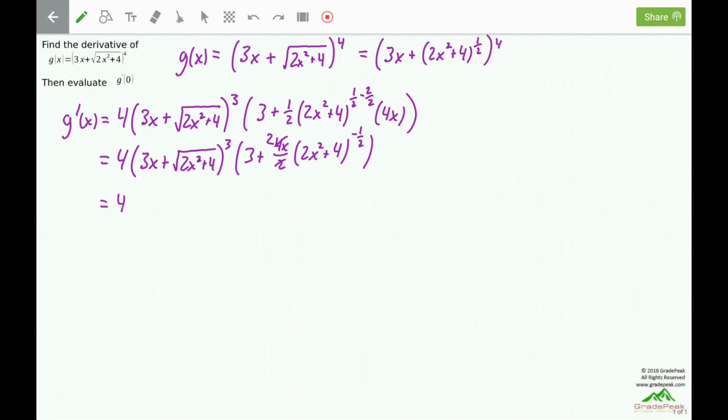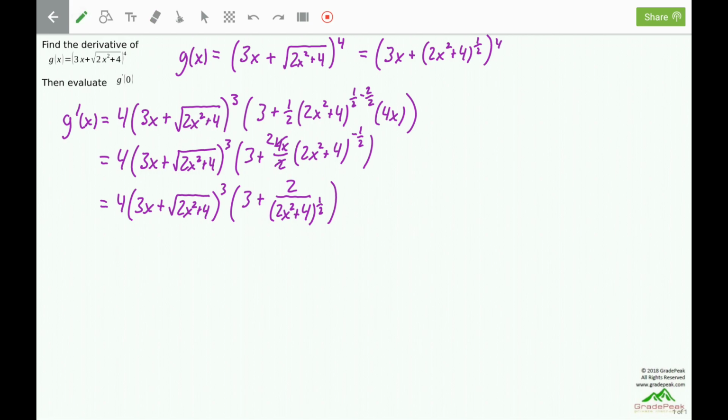So we have 4 times (3x plus the square root of 2x squared plus 4) cubed. We leave that exactly as we see it. And then 3 plus, now the negative exponent, I'm going to move to the denominator. There's a 2 that stays in the numerator. But that entire expression that is to the negative 1/2 power will become a positive 1/2 power when moved to the denominator.